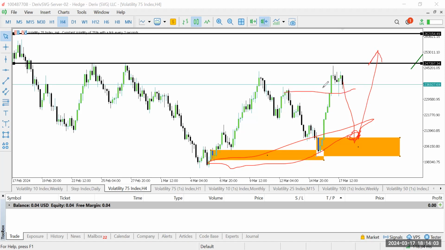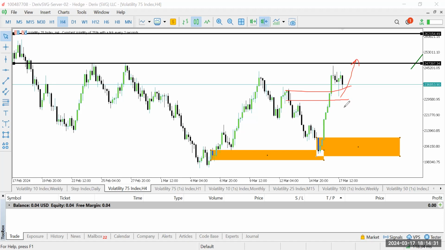So currently price is trading within this breaker block. The last bullish candle before this down move was a bearish order block which failed to take price down. So once it is violated, price may retest it as an inversion fair value gap, a breaker block, and then you will see that expansion higher.